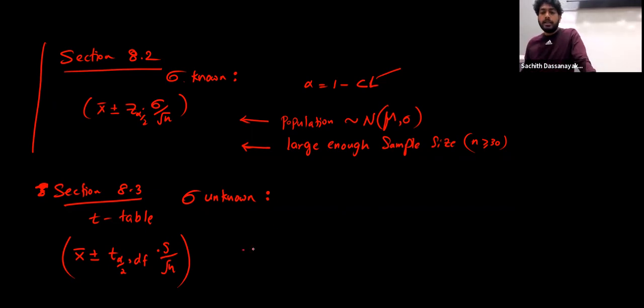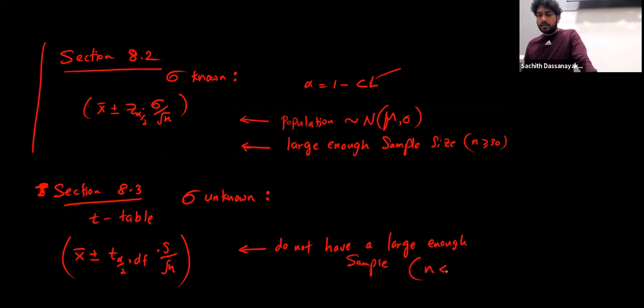In this case, sigma unknown, and you don't have a large enough sample, which means n less than 30.